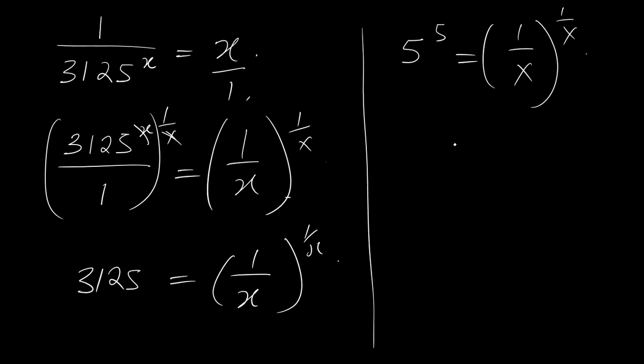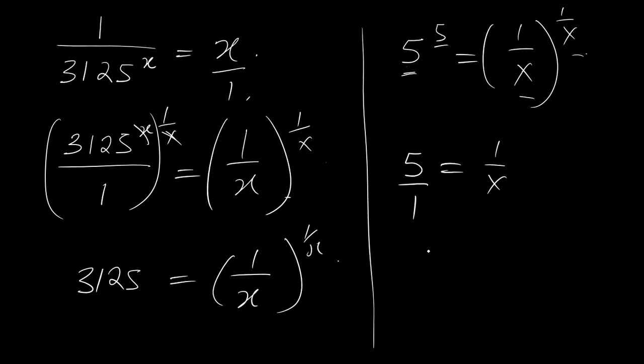And when you check now, you see here is 5, here is 5, here is 1 all over x, here is 1 all over x. So now, equating, you can equate the base or the powers, because this and this is the same, this and this is the same. So that means 5 is equal to 1 all over x.